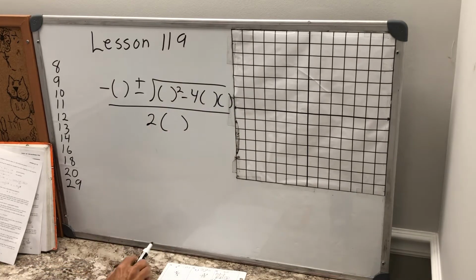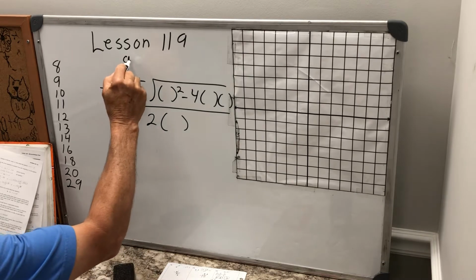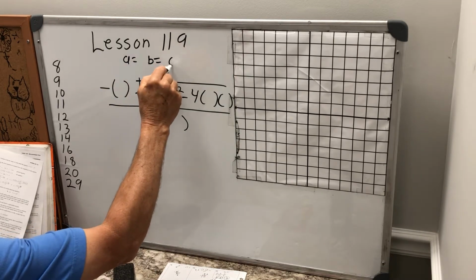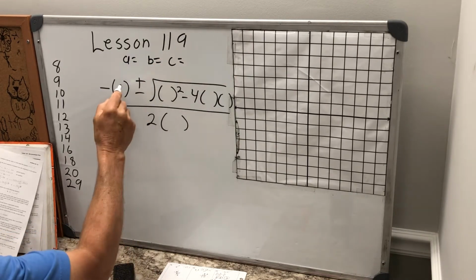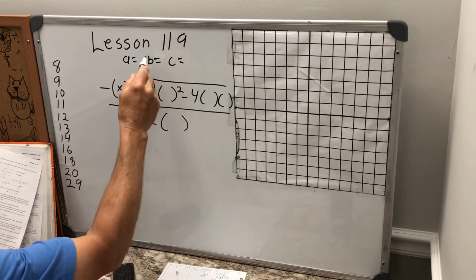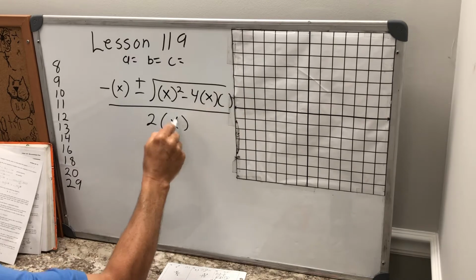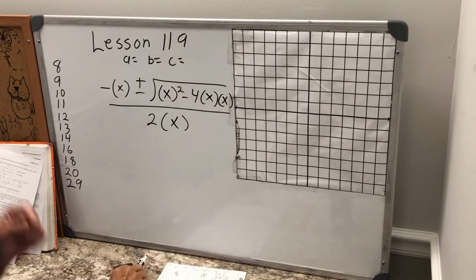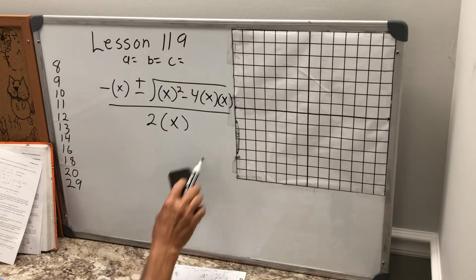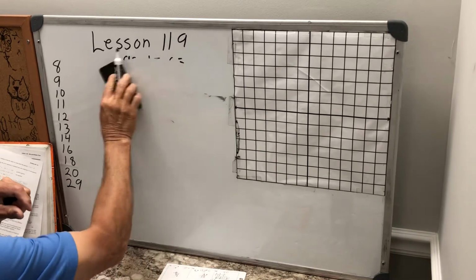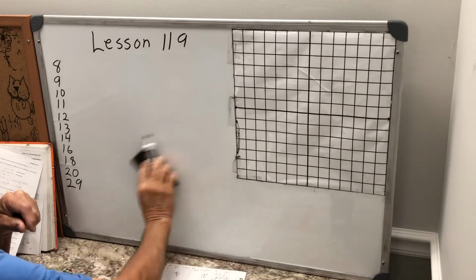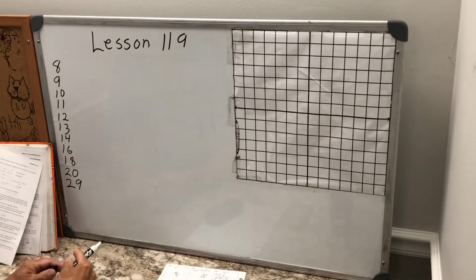Then we fill those in. Once we know what a equals, b equals, and c equals, we can fill these in. This would be b, whatever that is, and this would be b here, and then a goes here and here, and c goes here. Be able to memorize that. We're ready for your test.